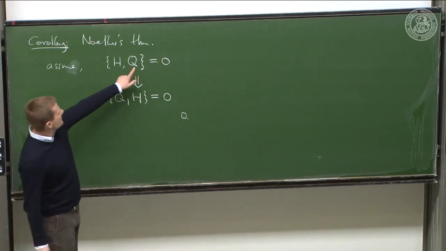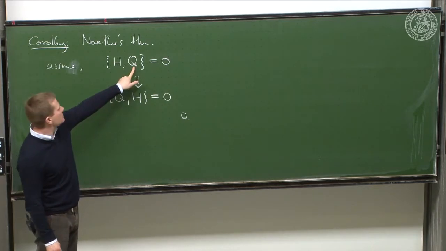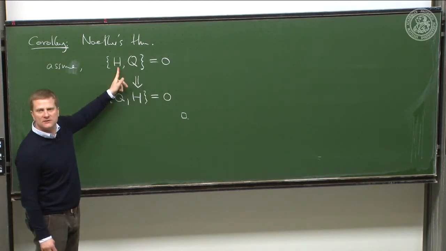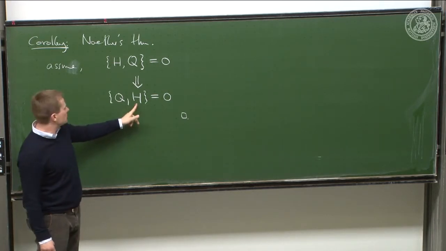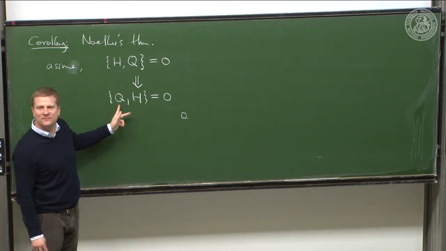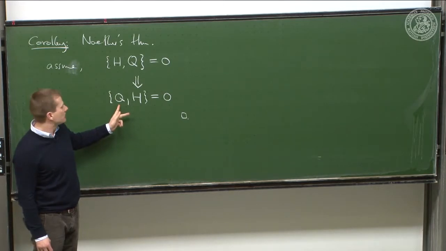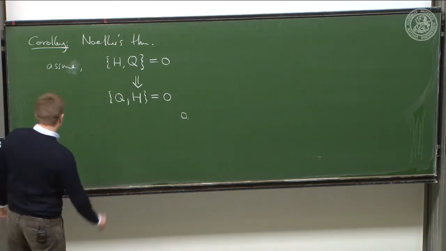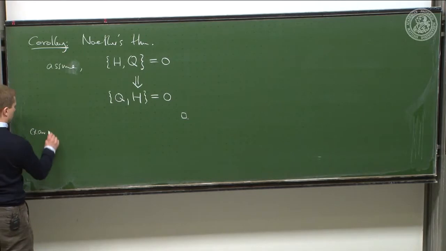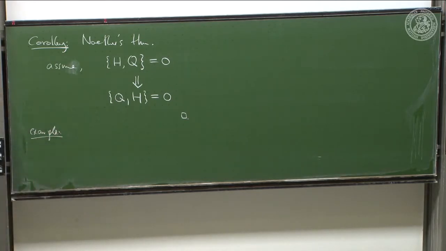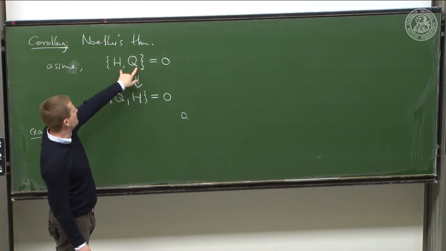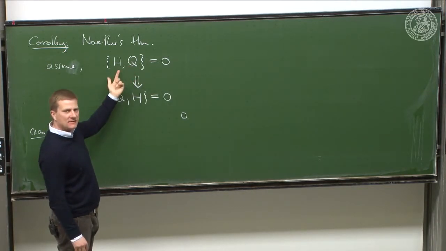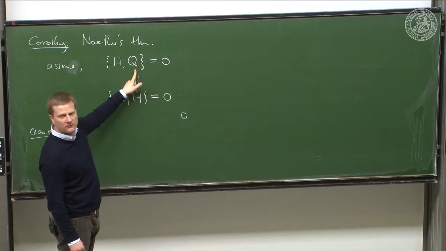Well, this means that Q is conserved under the flow of H. And this means that H is conserved under the flow of Q. Example. And that's Noether's theorem. If one observable is conserved with respect to the flow of the other, then the other also with respect to the flow of the one.